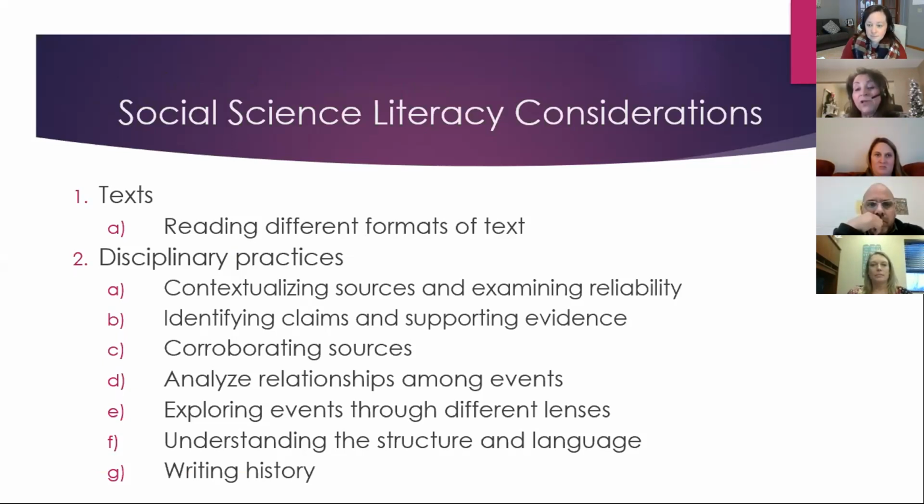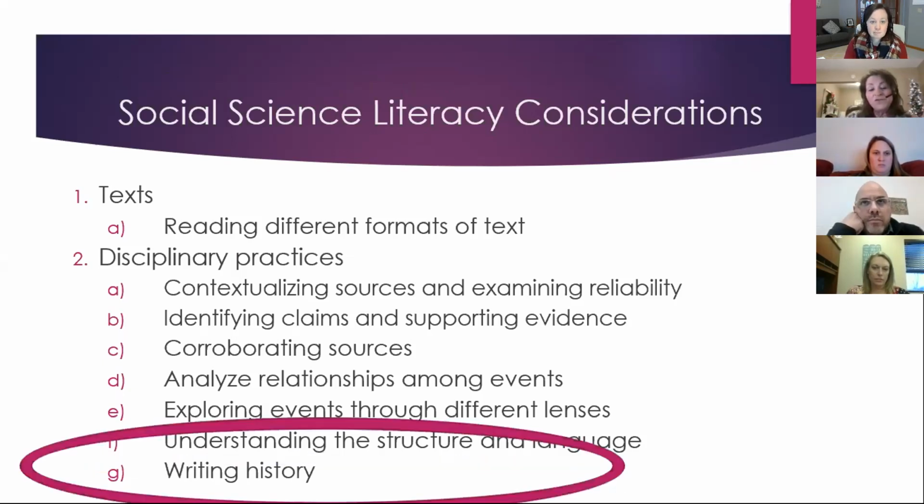Anyway, looking at texts and then taking the disciplinary practices that are expected when helping kids read and take out information. They need to be taught some of these practices.